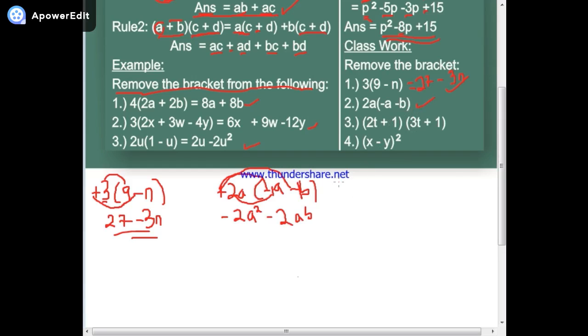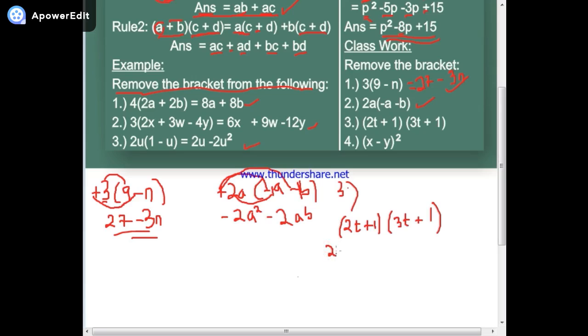Now number 3. Question number 3. So it will be 2t plus 1, close the bracket, into what? 3t plus 1. Now you will use this one to open the bracket as usual.